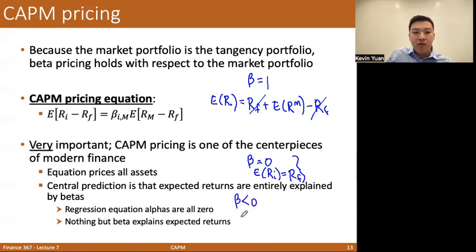Let's talk about when beta is negative. If beta is negative, what we get is the expected return of the asset minus the risk-free rate, I'll just leave this here on the left-hand side, is equal to beta times the expected return of the market minus the risk-free rate. Sorry, parentheses matter here.